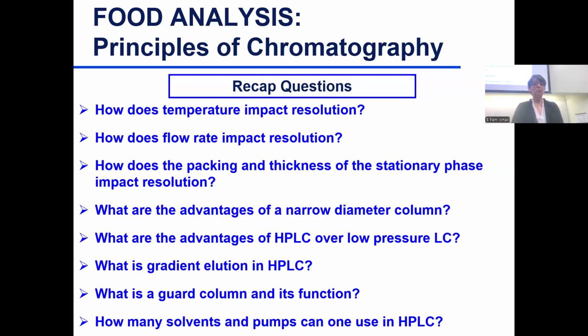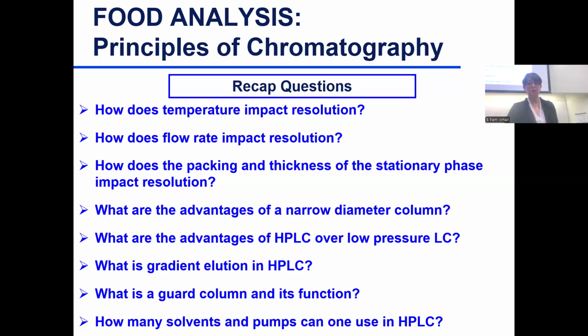And now you are pros in gradient versus isocratic, right? What's gradient elution? Yes. During your analysis time, you are increasing the strength of the mobile phase. You're changing its concentration or its composition over time. So it's not always in one direction, remember.